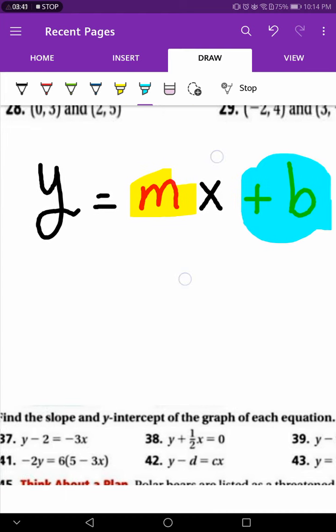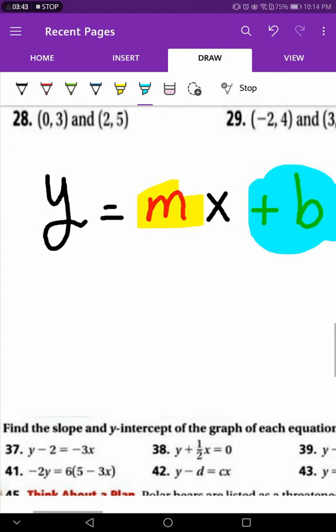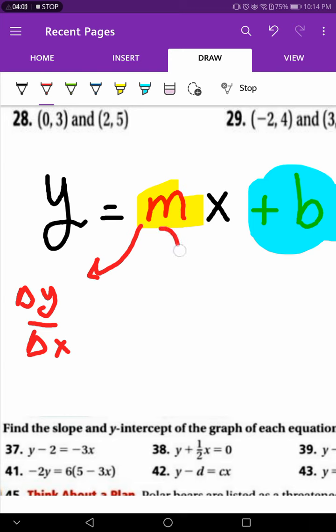To find m, the slope, there are two ways to find it. The first one is delta y over delta x. And the second way is rise over run.